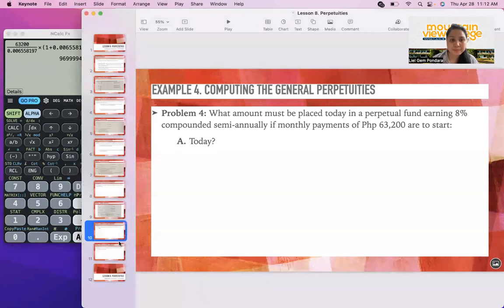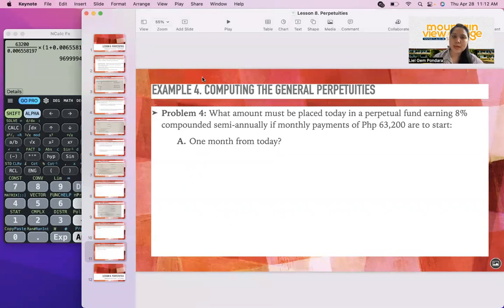In the next problem, it's asking 1 month from today. So it means that the payment is given at the end. It's the same as the general ordinary perpetuity.